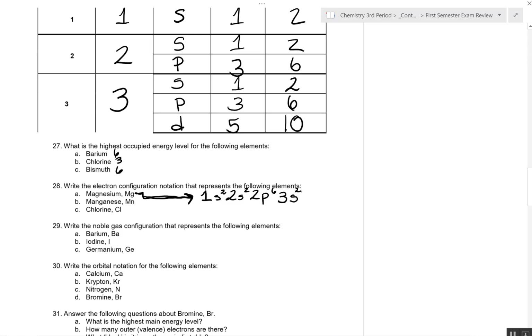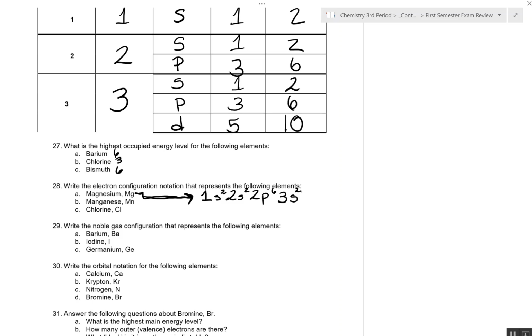So remember this. Here's how it goes. Look on the periodic table here. First energy level, and it has S, 1, 2. Second energy level, 2S, 2P, 6, 3S, 3P, 4S.